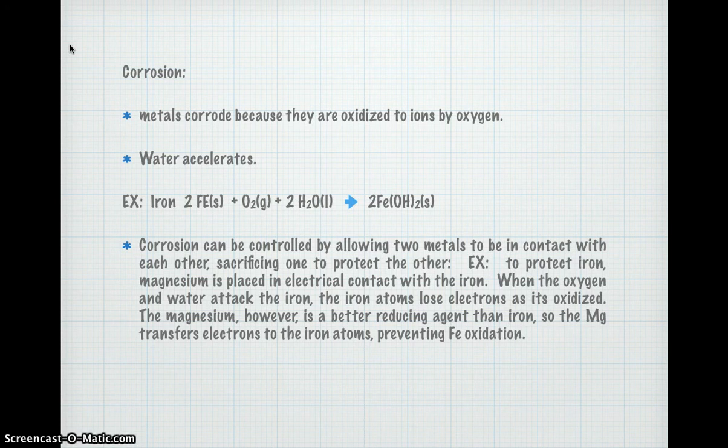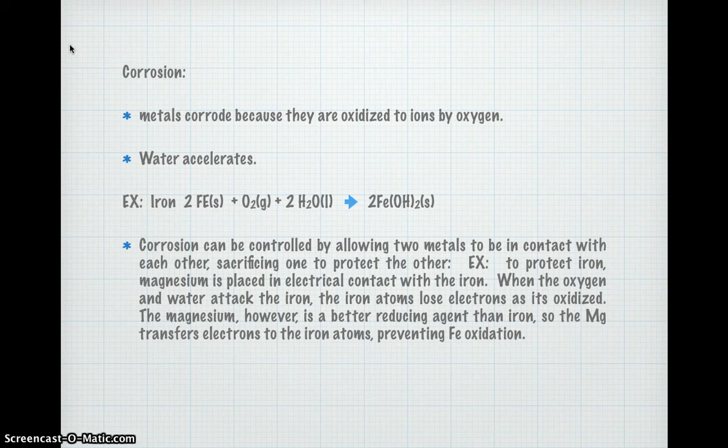Now let's take a look at our example. We know that iron plus oxygen would eventually turn into rust, but we know that iron plus oxygen plus water will make that happen even quicker. It turns it into iron hydroxide, not just iron oxide like it normally would.